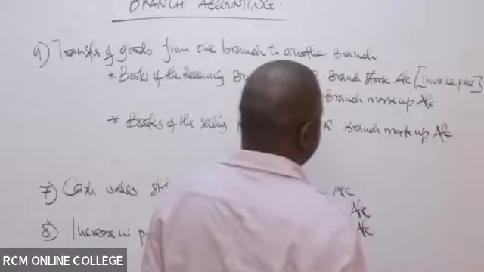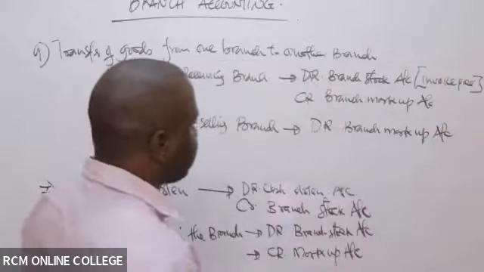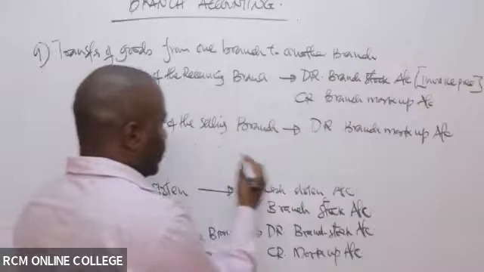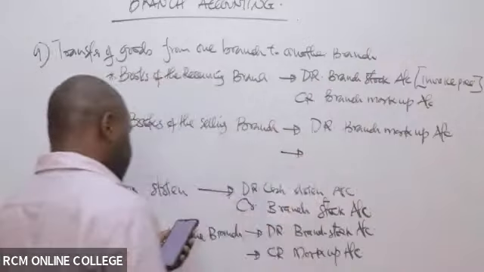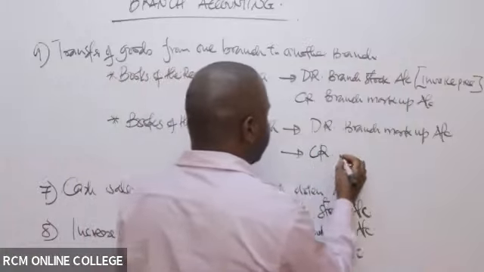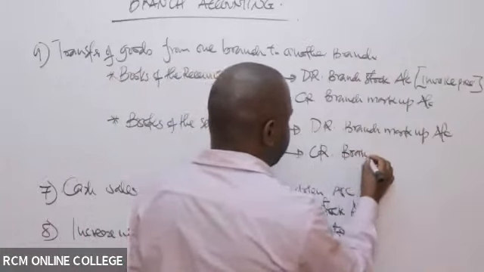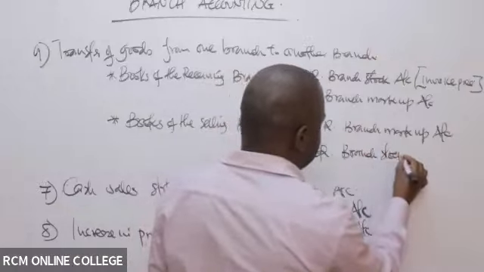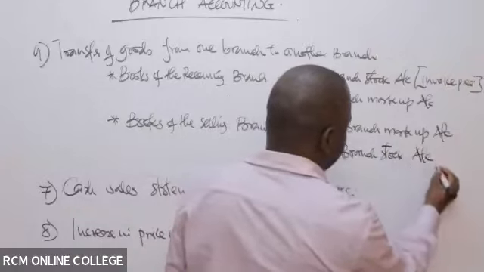So it won't be able to enjoy this profit. It will basically lose this profit to the other branch. Then you'll credit the branch stock account, because the stock for this branch will be reducing.